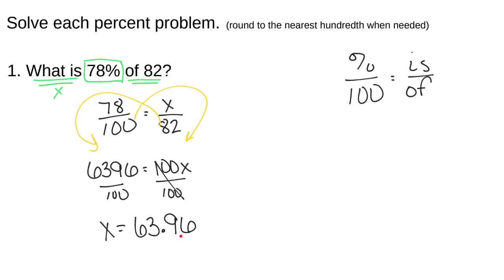So 63.96 would be the correct part of 82. If this had been 50%, then our answer would be half of 82. Since we're more than 50%, our part is more than half of 82. So just another way to think about checking to make sure your answer makes sense.